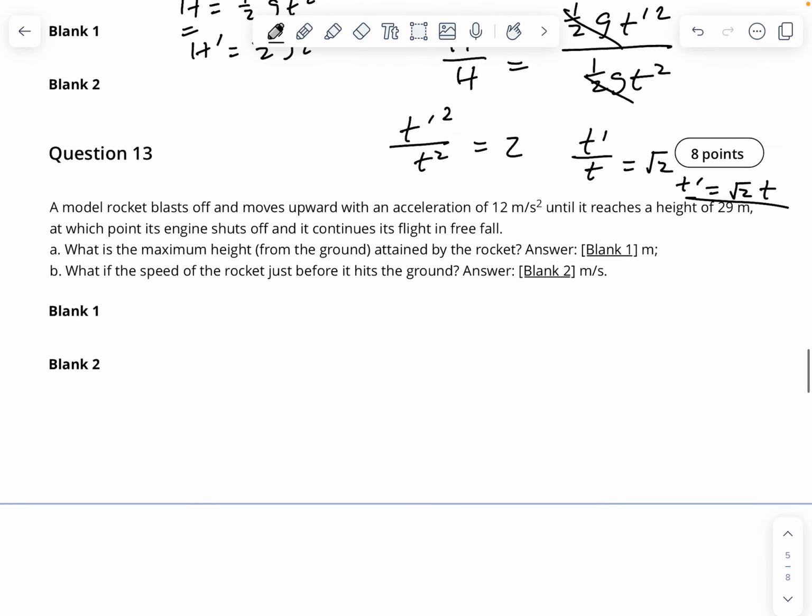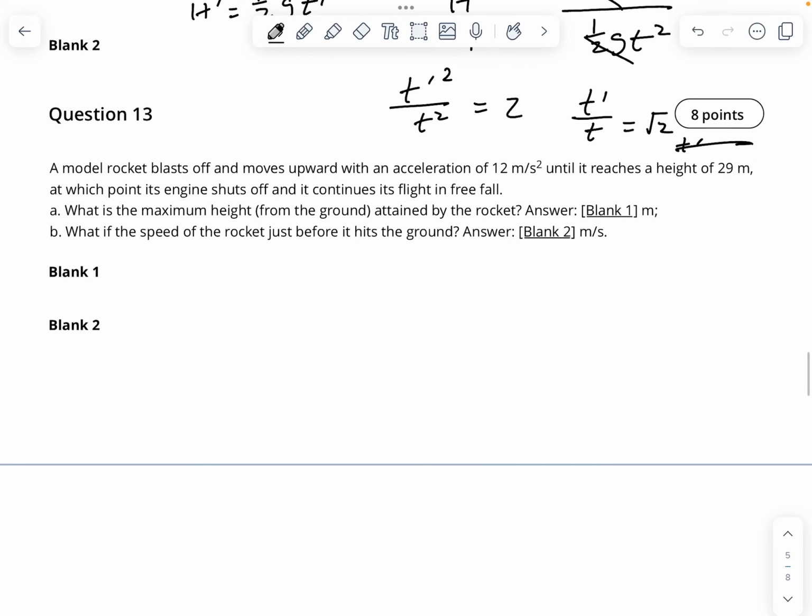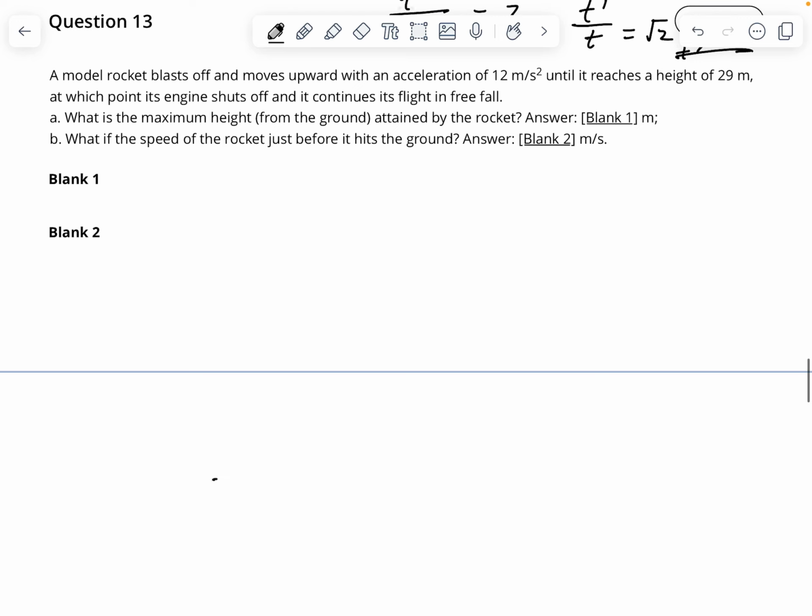Okay, last one. A model rocket blasts off and moves upward with acceleration 12 meters per second squared. So at blast off, v naught is 0, then you move with this acceleration until it reaches the height of 29 meters.